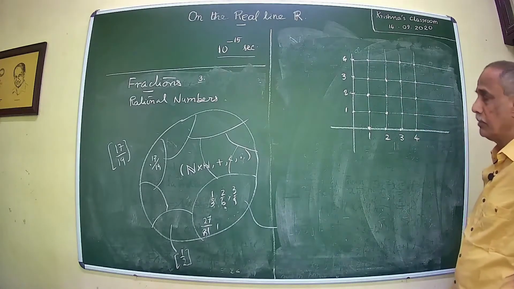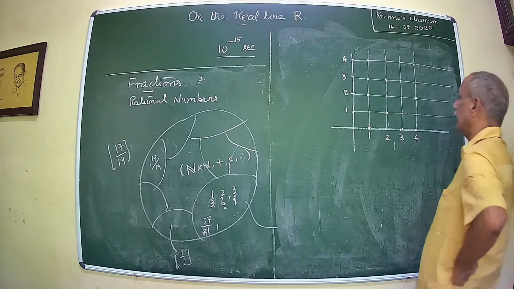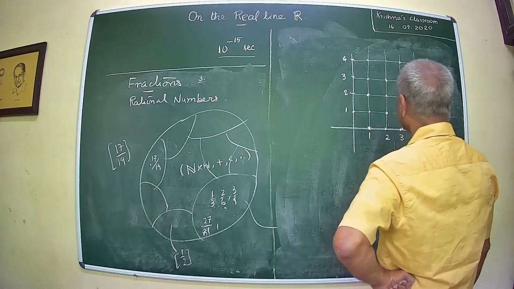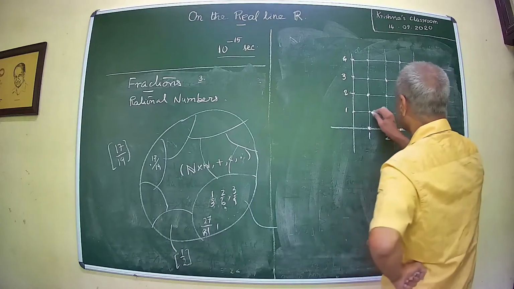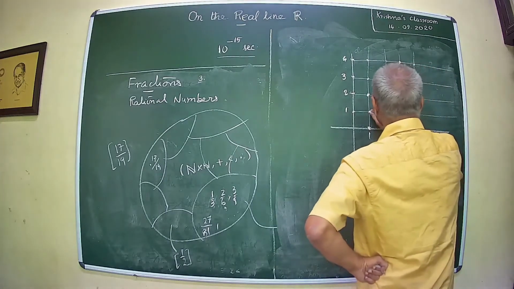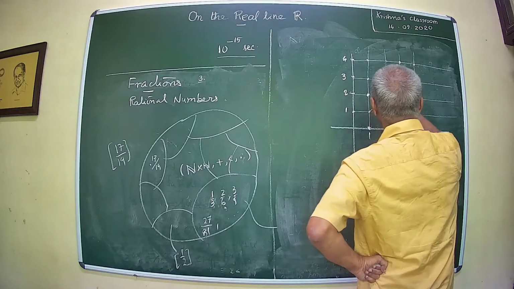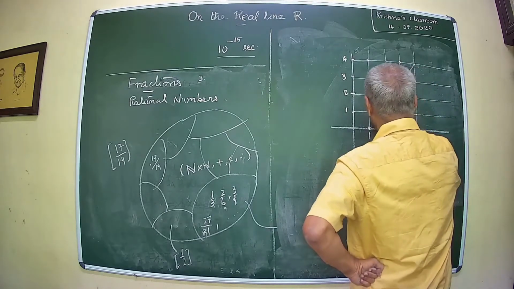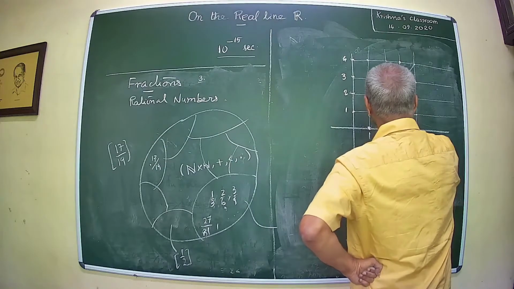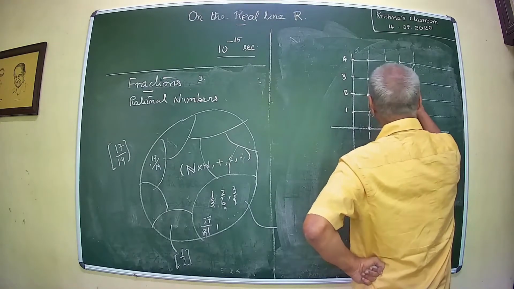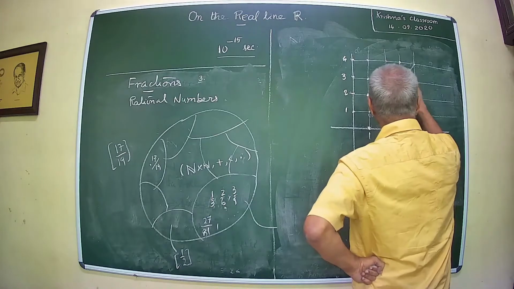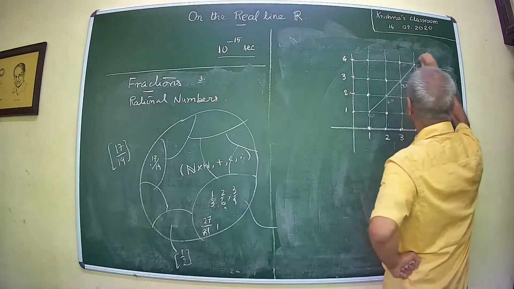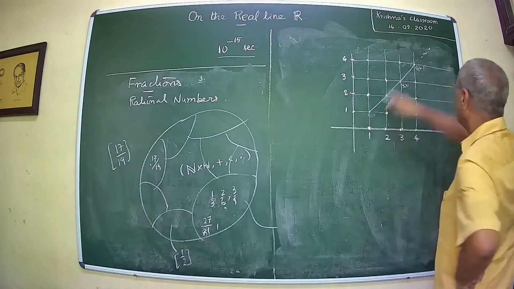But which rational number is it identified with? If you take this one, this one, what are these numbers? This is (1,1), this is (2,2), this is (3,3), this is (4,4), etc. They form a block.